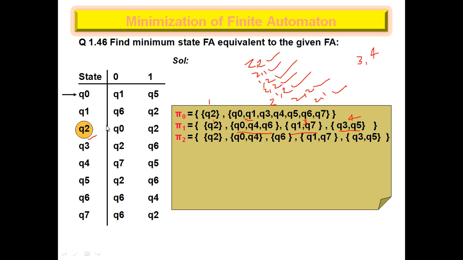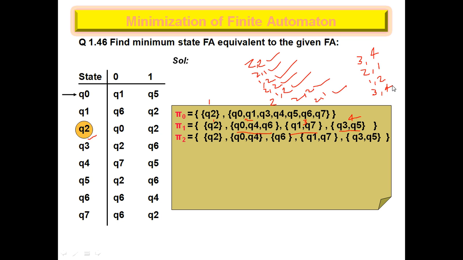Again, for Q1, Q6 and Q2, that is 2, 1. For Q3 we have Q2 and Q6, so we have 1, 2. For Q4 we have Q7 and Q5, that is 3, 4.